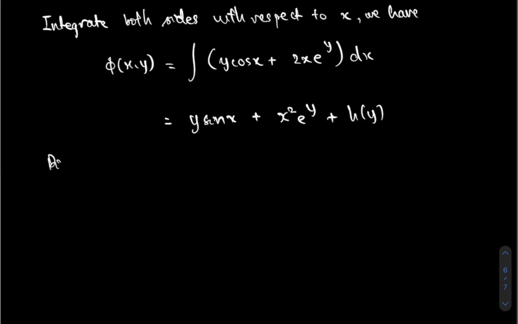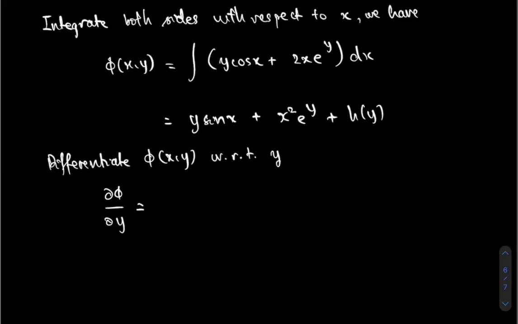Next, you need to differentiate phi of x, y with respect to y. So I have partial phi partial y equal to sine of x plus x squared e to the y plus h prime of y. The next step is to match this derivative with the function N of x, y.